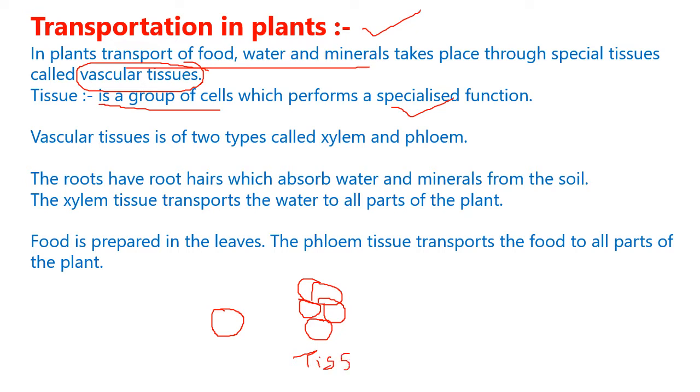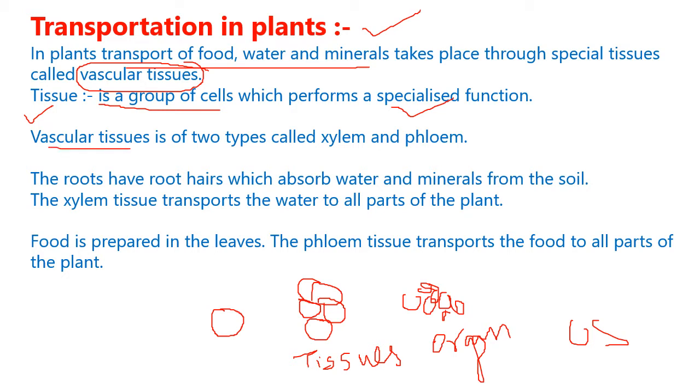When all the tissues join together, they form the organ. And when all the organs join together, they form the organ system. So here we are talking about the tissues, which is a group of cells which performs a specialized function.